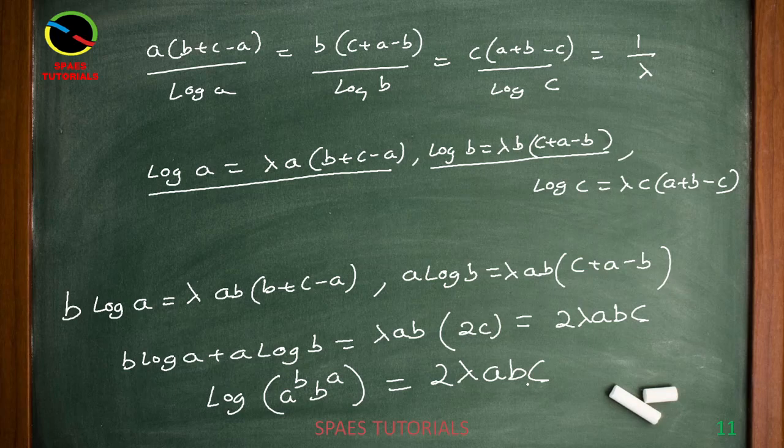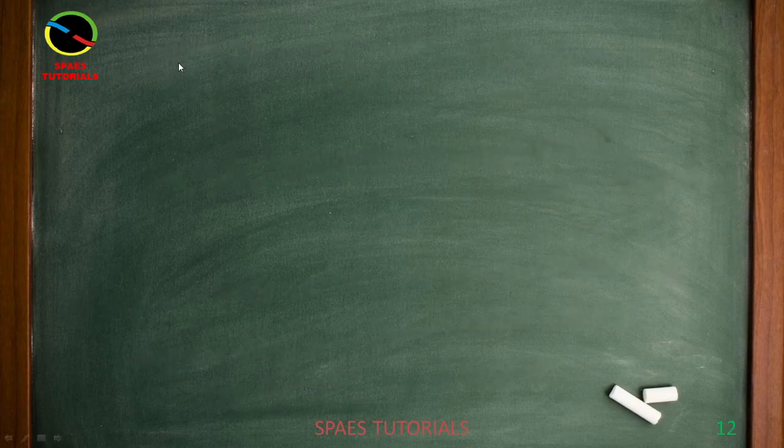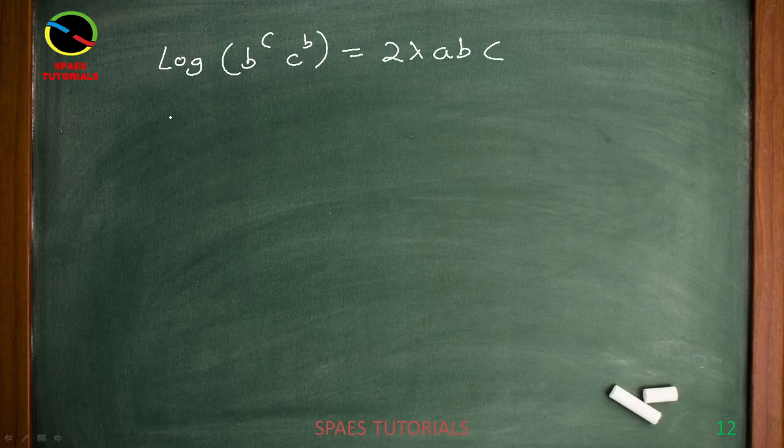So now at least try to understand, the remaining things will also come as it is, sir. What are the remaining things actually? Log of b^c into c^b, also you will be getting 2 lambda abc. Similarly, if you do log of c^a into a^c, also you will be getting 2 lambda abc.